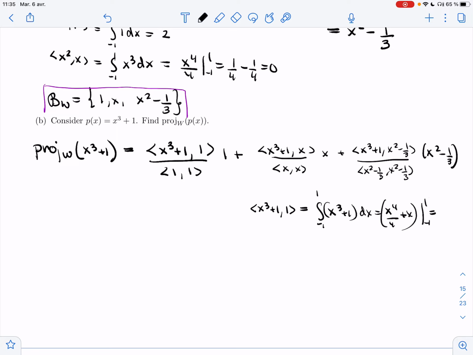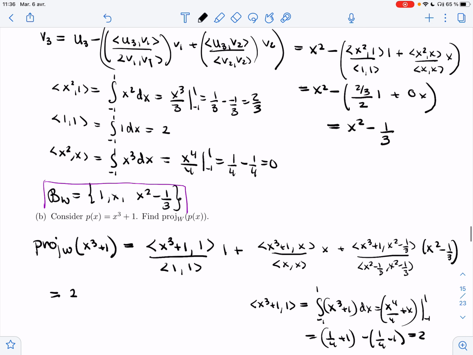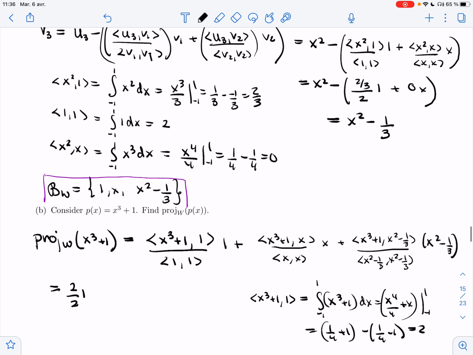That's 1/4 plus 1 minus a fourth minus 1. I get 2. 1 and 1 is already computed up here. It's 2 as well, so I get 2 over 2 times 1.